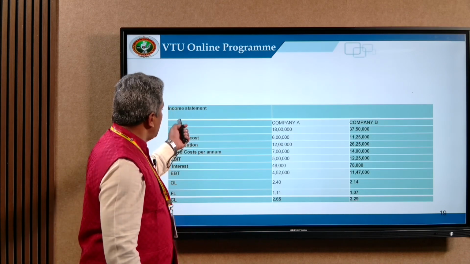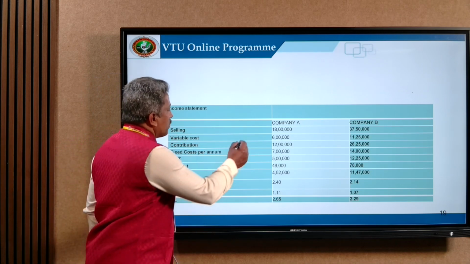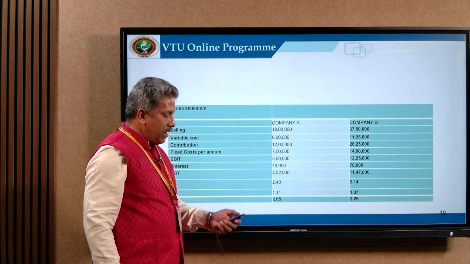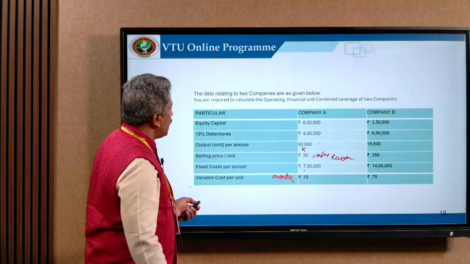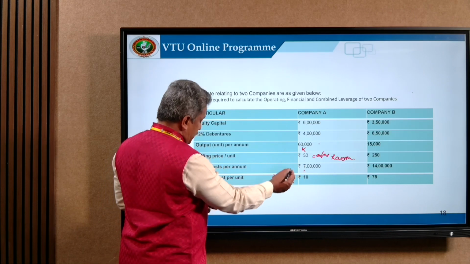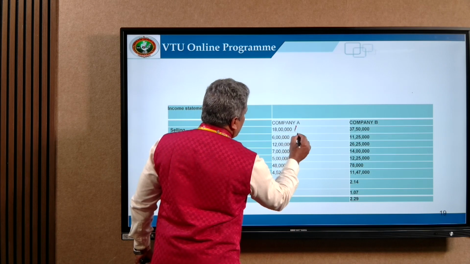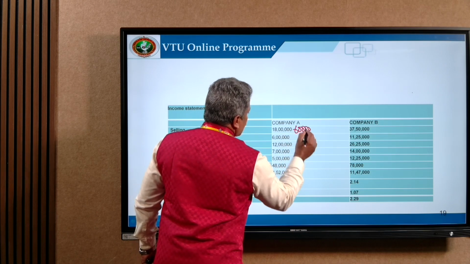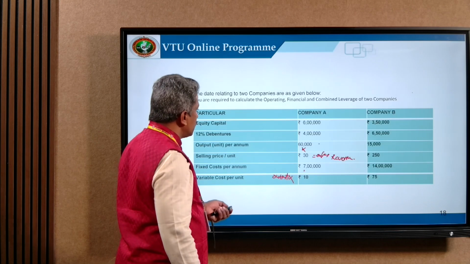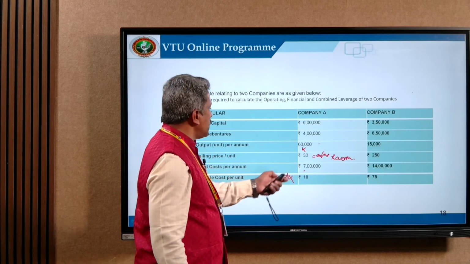First of all, in the income statement, as I mentioned earlier, sales revenue is calculated. How is sales revenue calculated? In company A, output is 60,000 and selling price is 30.